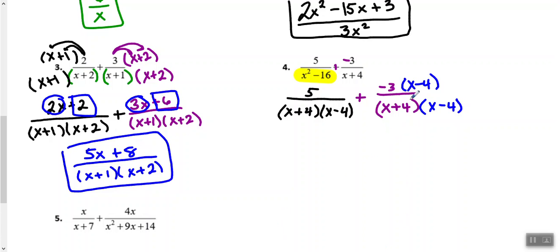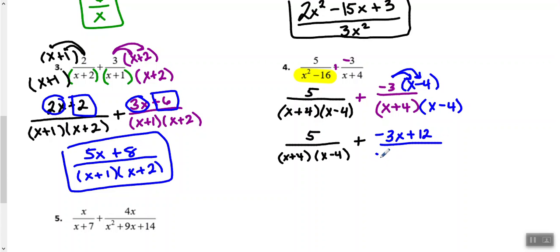So now I'm going to distribute. I didn't do anything to the first fraction, so I still have 5 over x plus 4 and x minus 4. We have plus now. After I distribute, it becomes negative 3x plus 12 over x plus 4 and x minus 4.